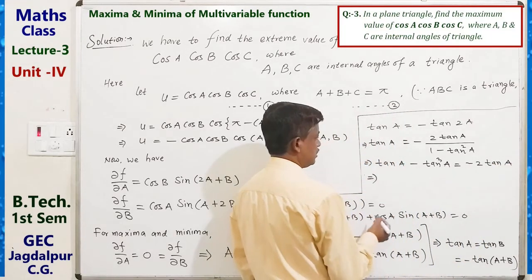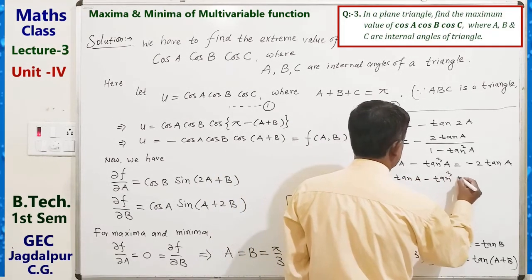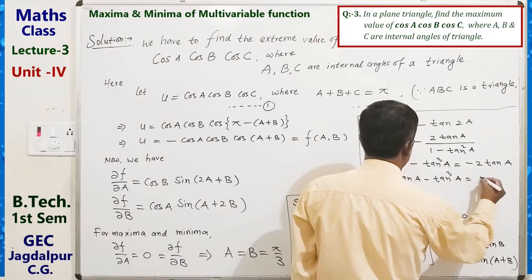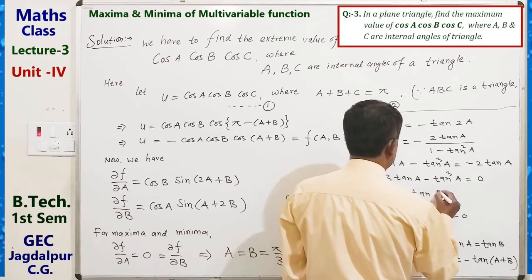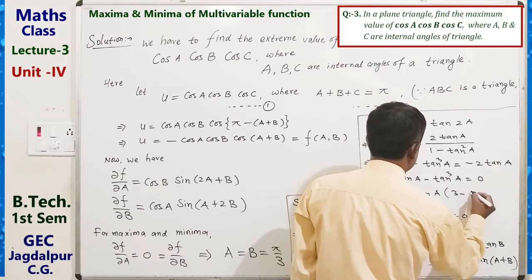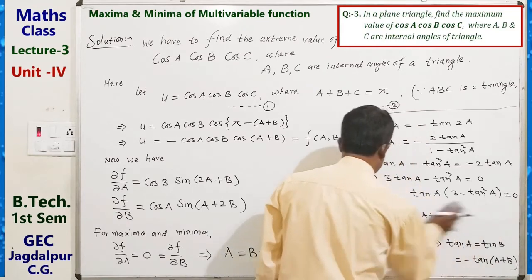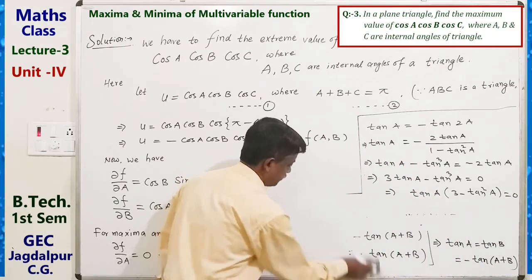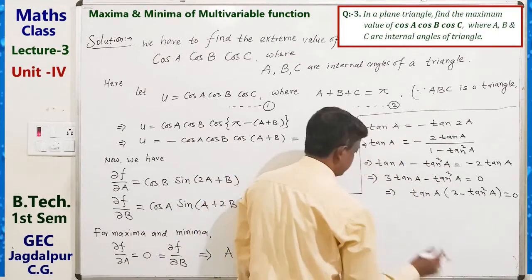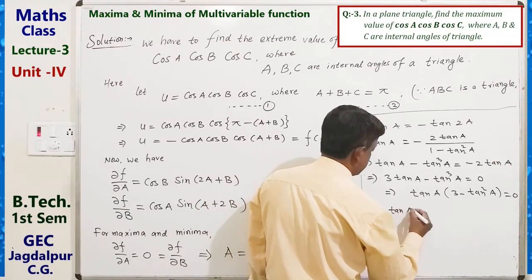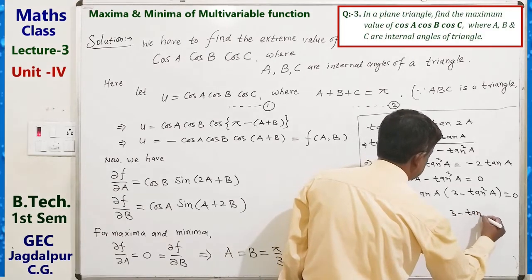So here we see that 3 tan a minus tan cubed a equals 0. So tan a times (3 minus tan squared a) equals 0. So this implies tan a equals 0 and 3 minus tan squared a equals 0.